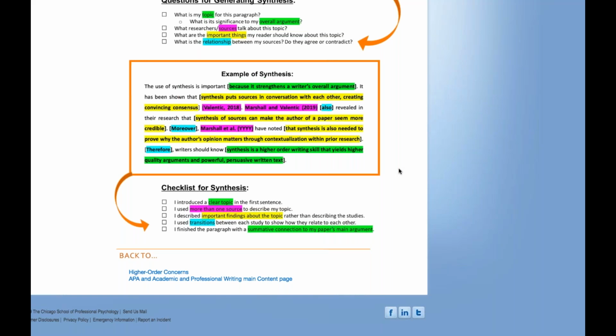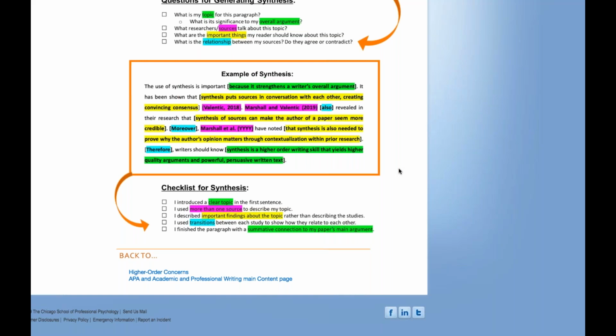Moreover, Marshall et al. have noted that synthesis is also needed to prove why the author's opinion matters through contextualization within prior research. Therefore, writers should know that synthesis is a higher order writing skill that yields higher quality arguments and powerful persuasive written text. Here, I can go through this checklist and ensure that I have all of the necessary components.